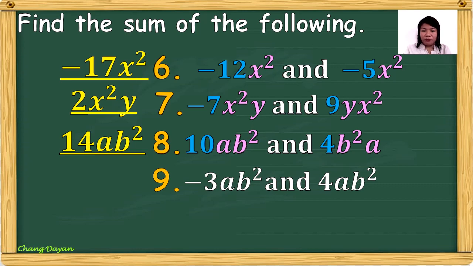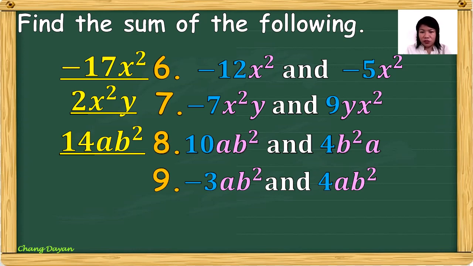Number 9. Negative 3ab square and 4ab square. Ang numerical coefficient natin dito ay negative 3 at 4. Combine natin. Since pareho naman ang kanyang literal coefficient, negative 3 plus 4, we have 1.